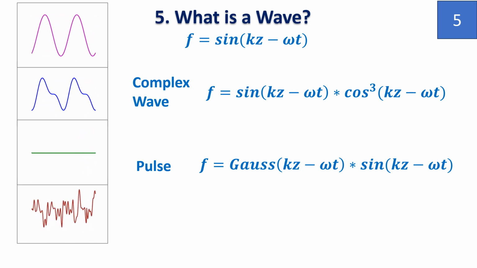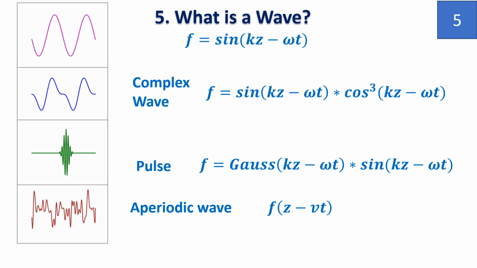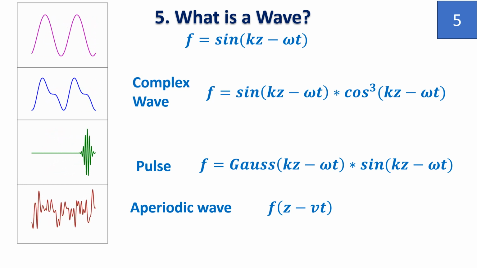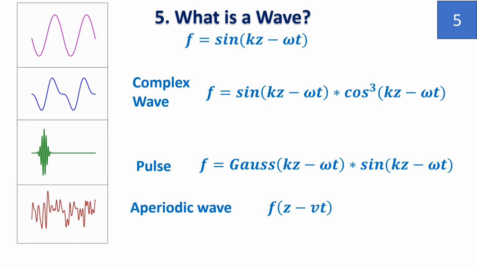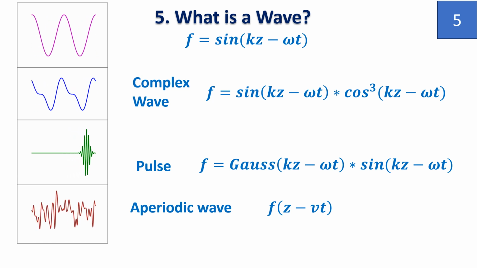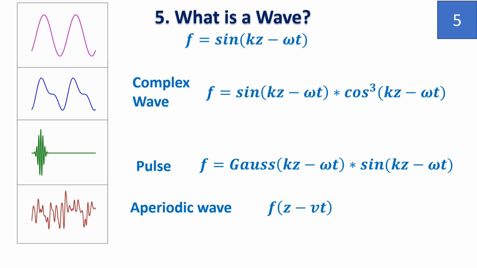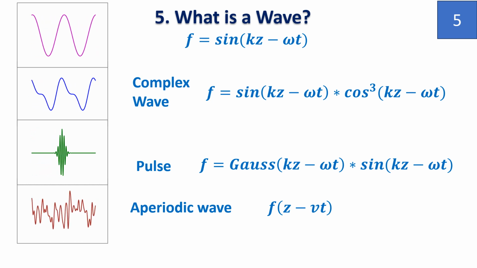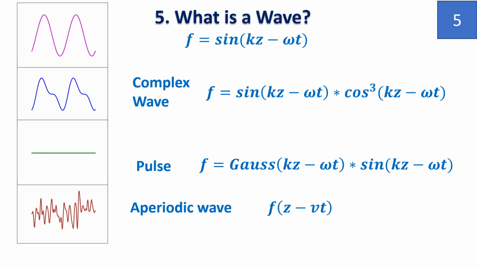The created pattern remains frozen in time and moves with velocity of wave. So this must be a wave too, and can be given by this general function f of z minus vt. It is aperiodic wave, which means it does not have period or wavelength, but it still classifies as a wave.